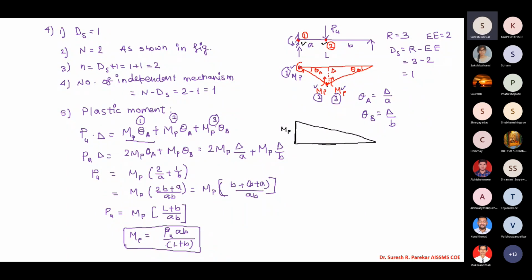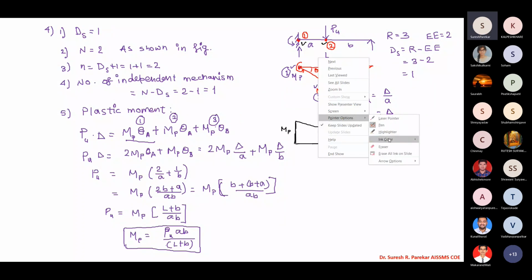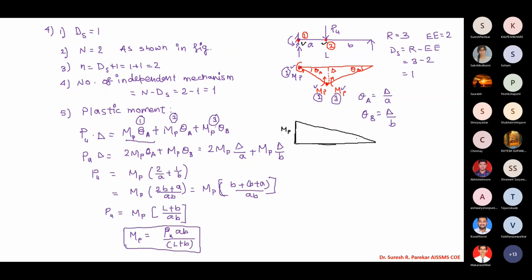आता दुसरा MP कुठे आहे? Concentrated load च्या under, and we have to plot there BMD due to simple support. And then we have this is under this.